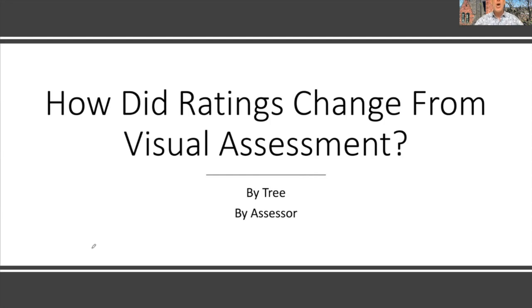So we want to know, did people change their opinions? Did they assign different likelihood of failure ratings when they got more information or new information from these other assessment techniques? So let's look at it first in terms of the trees, and then second in terms of the assessors.